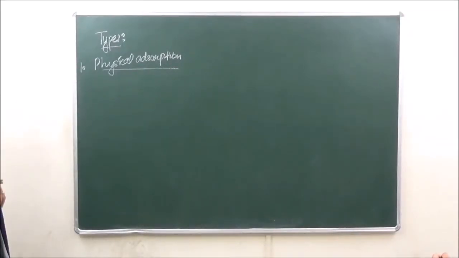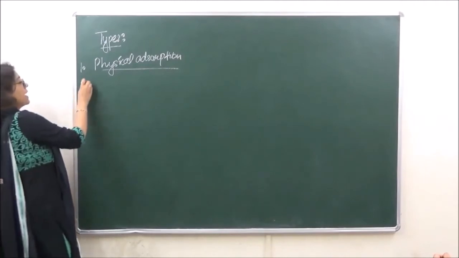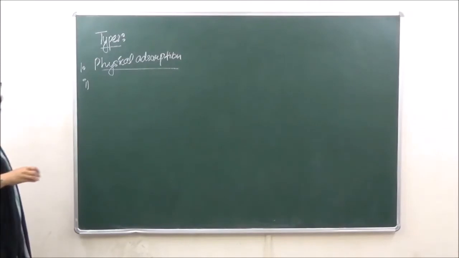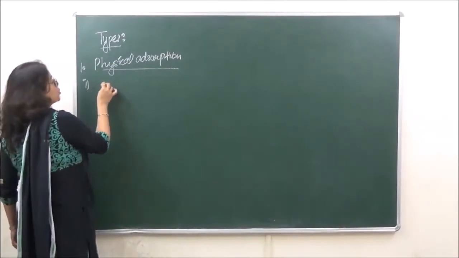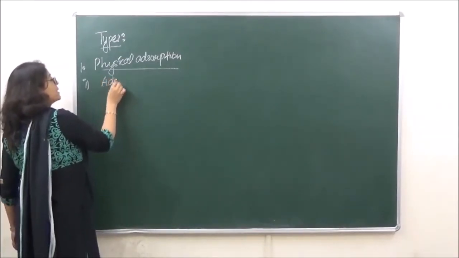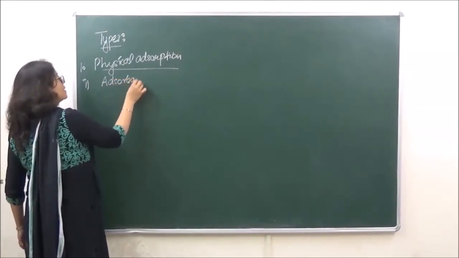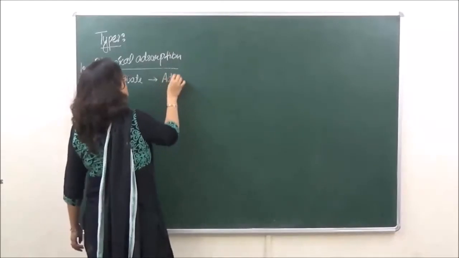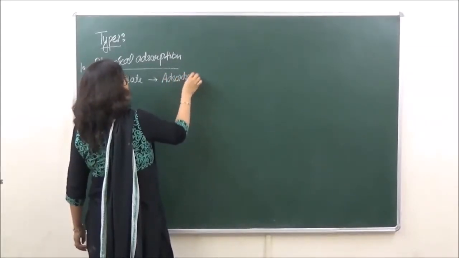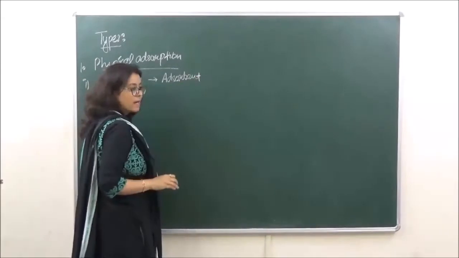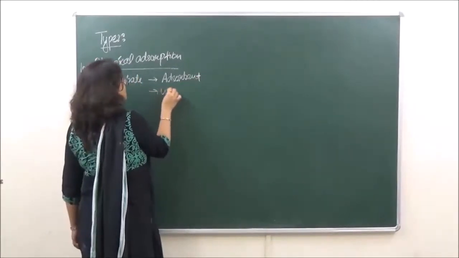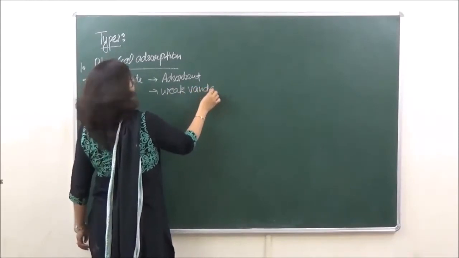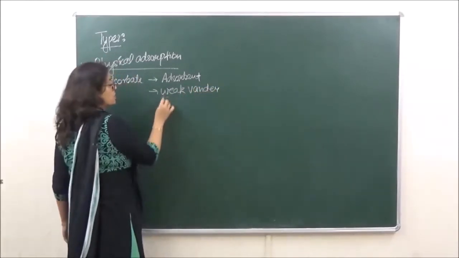It is simply the accumulation of gases on the surface of solids by weak van der Waals forces of attraction. So the adsorbate gets accumulated on the adsorbent. How? By weak van der Waals forces.